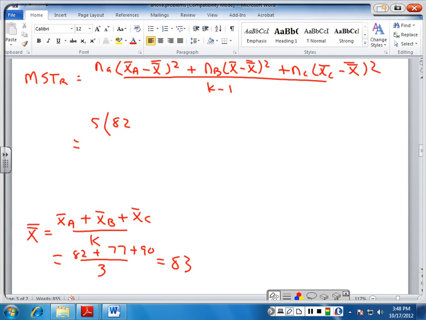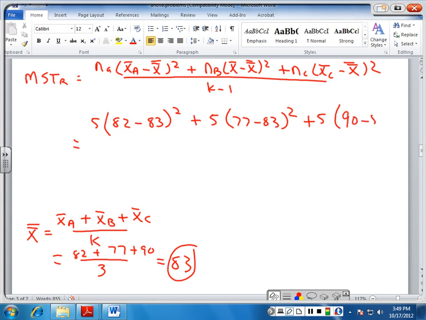So now back up here to the MSTR. 5 times 82 minus 83 squared, plus sample size for group B was 5, and its mean was 77, so minus 83 squared. Again, 83 is just the x bar bar down here. Plus 5 in group C, and its mean was 90, so minus 83 squared, and all that's over 2.